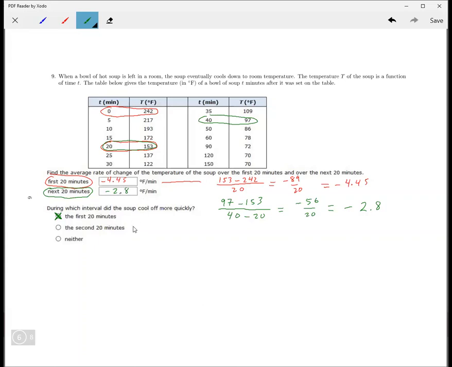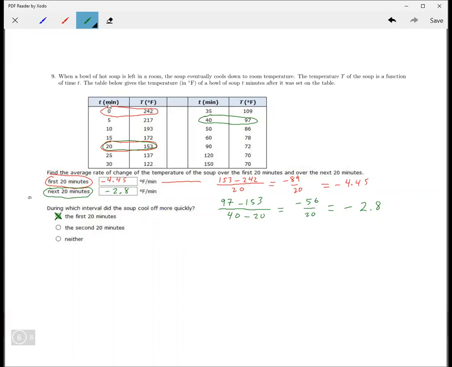This goes along with Newton's law of cooling, which says that the rate that an object cools is proportional to the difference between the temperature of the object and the temperature of the surrounding medium.